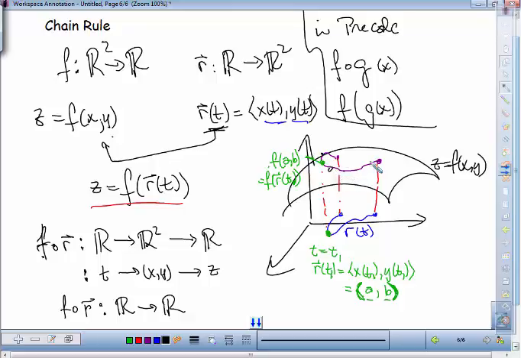The point that the new path on the surface follows has an x and a y and a z value, and this is the z value of that path.